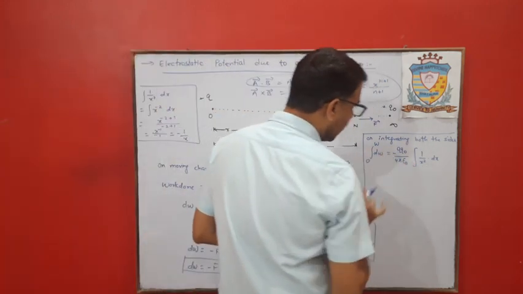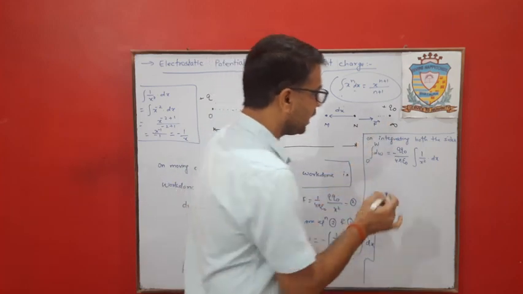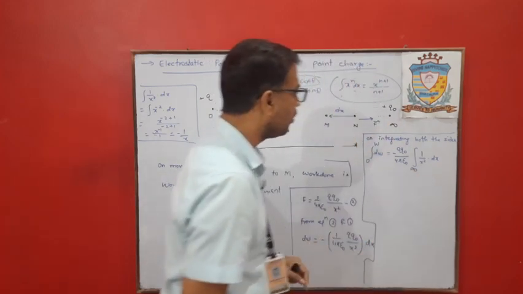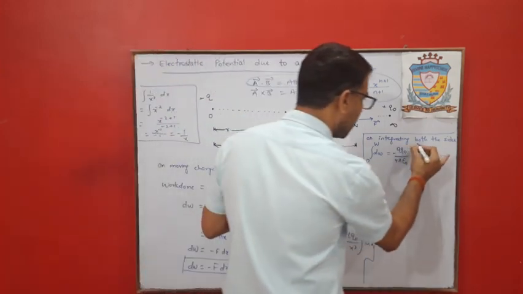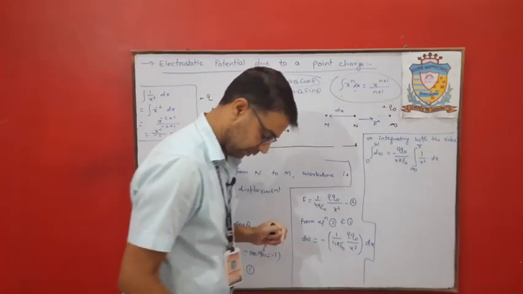And the lower limit, the initial point, will be infinity, and up to where we have to move, up to a distance of r. So the upper limit will be r. Okay.